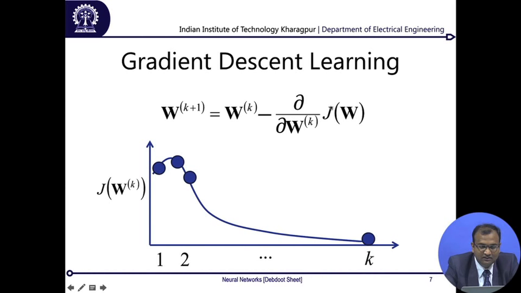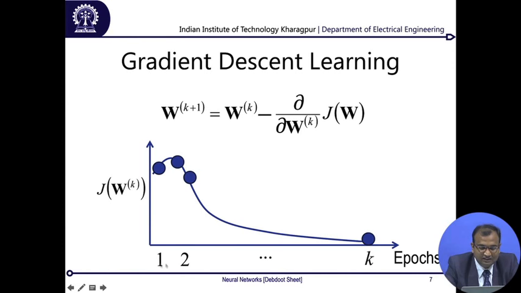Based on this error and solving out this derivative, I can update the value of Wk. Having updated the value of Wk, there is a chance that I would land somewhere over here, and this will be my error position. Based on that I am again going to update it. So at each iteration I compute my cumulative error over all the samples I am using for training, and I keep on repeating till I land at a position k, which is the final point where I can actually stop, and beyond this the error is not going to minimize any further.